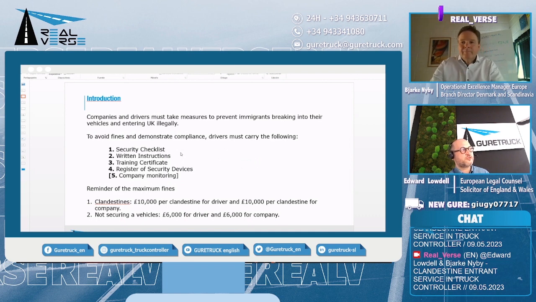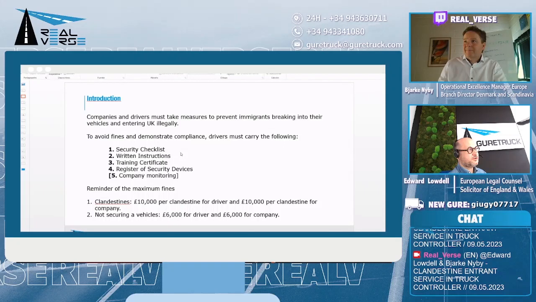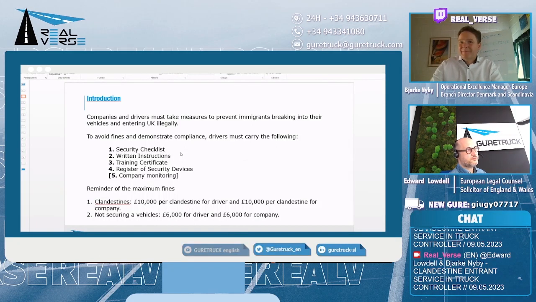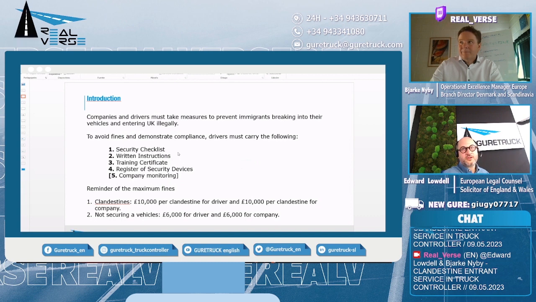The first being the security checklist we just spoke about. The second are the supporting documents, which are the written instructions, the training certificate, and a register of security devices. And the 5th obligation is not for the driver, it's for the company: a requirement to monitor that drivers are carrying out these 4 other documents: the security checklist, written instructions, the training certificate, and the register of security devices.